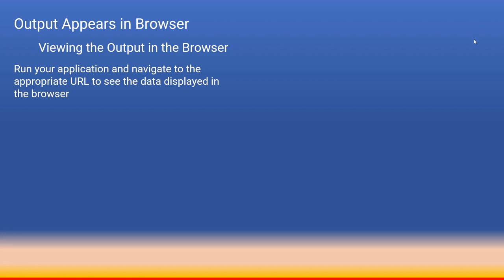You should see the output Laptop 999.99 displayed in your browser. This confirms that we have successfully passed data from the controller to the view and displayed it to the user. This is a simple example, but it demonstrates the fundamental concept of passing data from a controller to a view in ASP.NET Core.